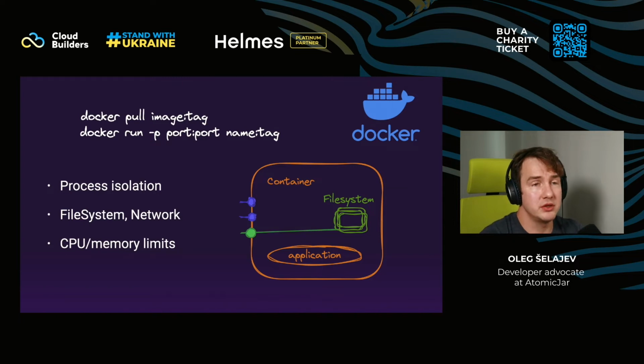Docker provides us with a unified API to isolate the process that we want, to configure it using the file system or network access, to impose memory limits, and to expose particular configuration from within the containers that we are running. In general, Docker is a very nice abstraction for running other people's applications.